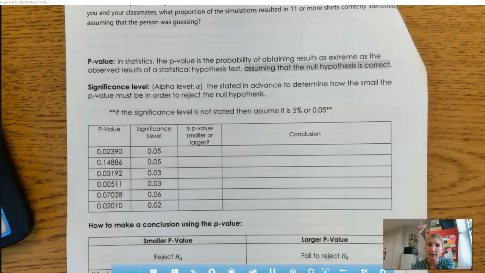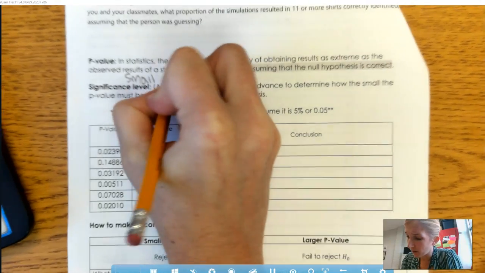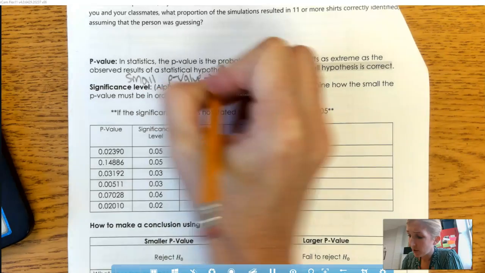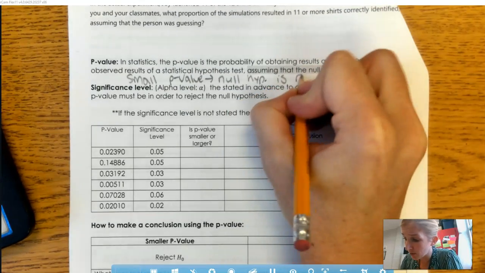Because that's highly unlikely, when you have a small p-value, your null hypothesis is probably not true.